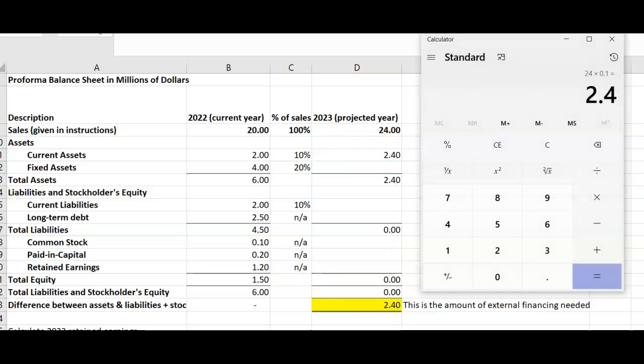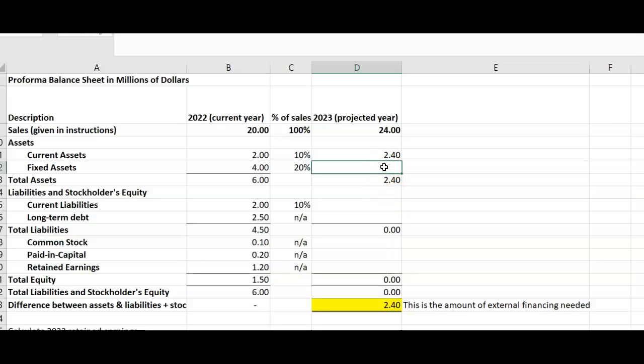So for fixed assets, I'm going to take my 24 million sales, multiply by 20%. That's going to give me my 4.8 million. And this adds up my two assets. And then my last figure that I'm going to set as a percentage of sales are my liabilities.